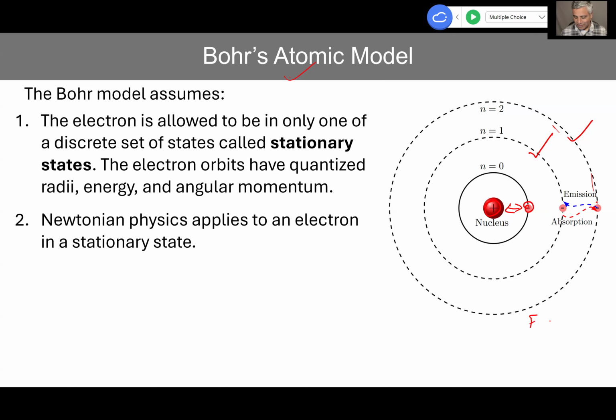F is K Q1 Q2 over R squared, and it is an attracting force, just like a planet gets attracted by the sun's gravity, and then since it is moving, it just keeps going around.